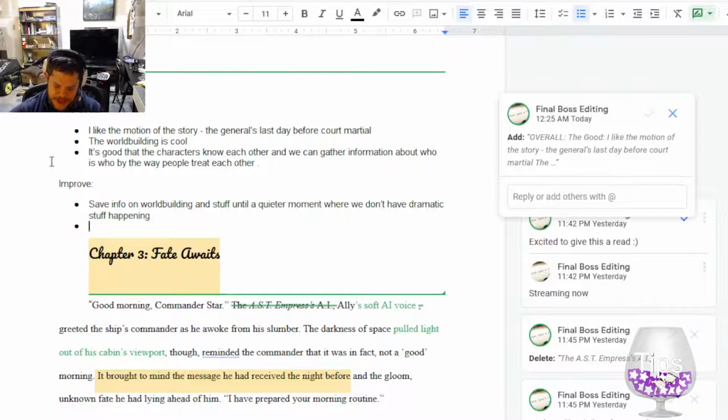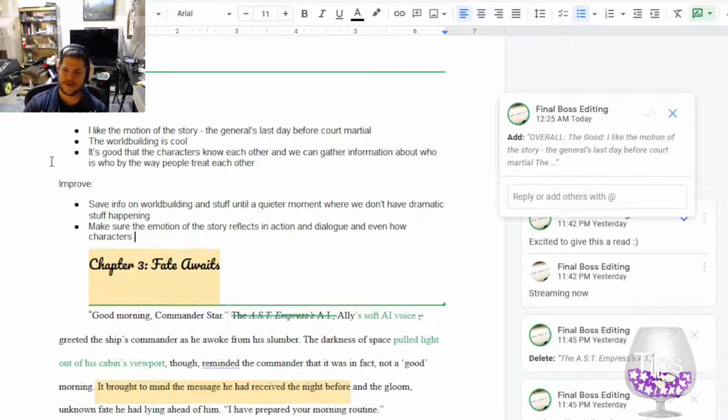The other thing is to make sure the emotion of the story reflects in action and dialogue, and even how characters describe the scene.